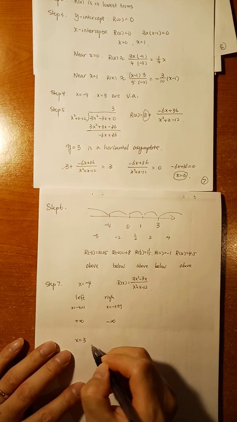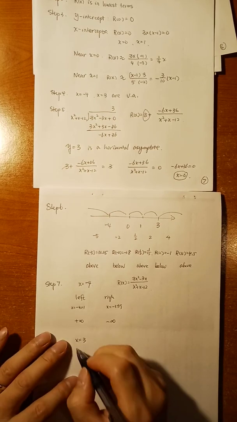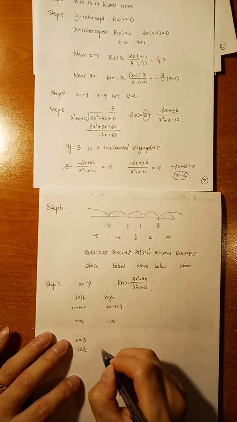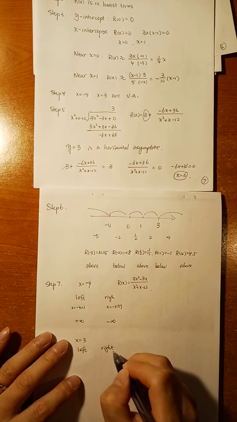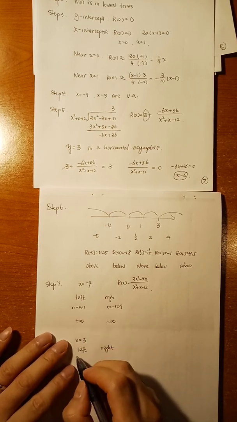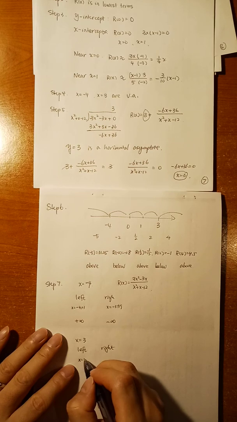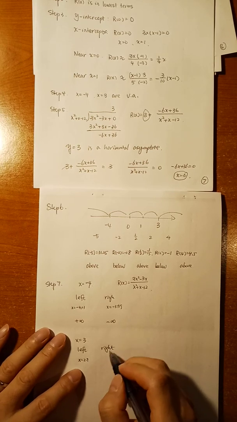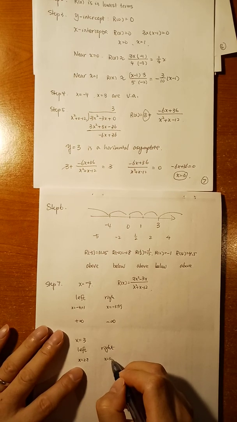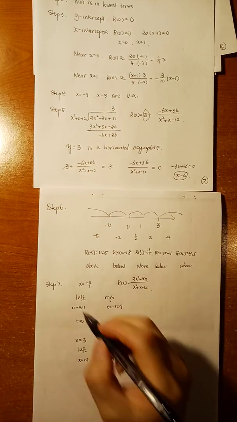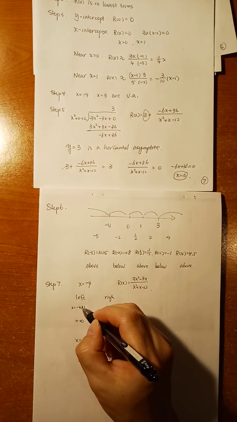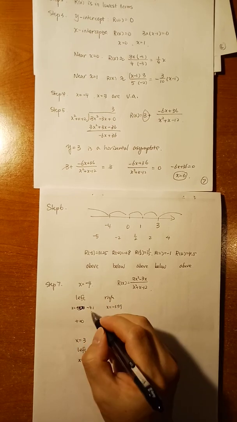And at positive 3, you do a similar discussion. You have the left part and the right part. For the left part, you choose x equal to 2.9, and for the right part, you choose 3.1. You do the computation here. You can choose a simpler one, not such a complex one.